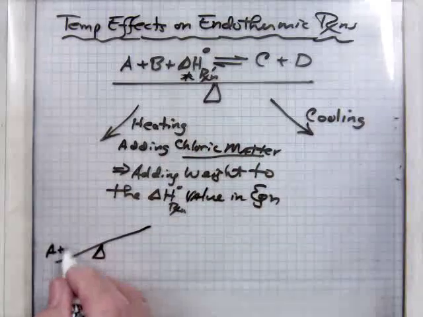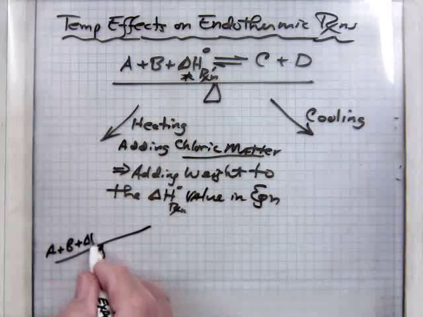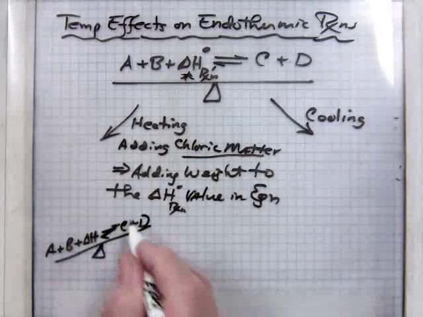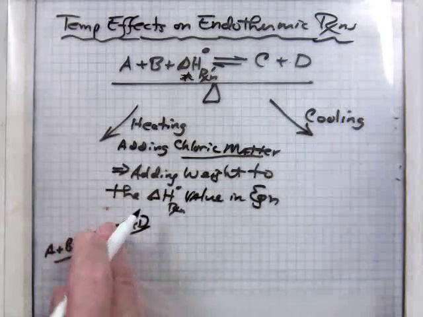A plus B plus delta H in equilibrium with C plus D. Well, it's not an equilibrium anymore, I'm sorry.